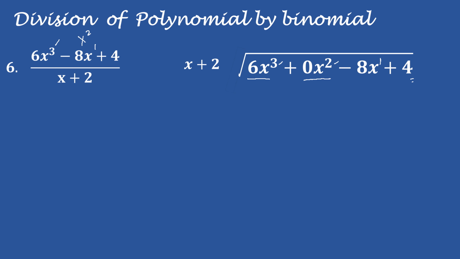Then, as we did, we proceed to step 1 in the division proper. So our first term is 6x cubed divided by x. Again, the first term of the dividend divided by the first term of our divisor.